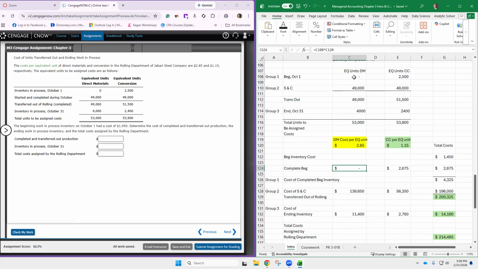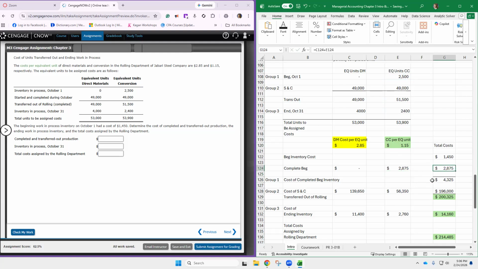There aren't any under direct materials, so we'll just do direct materials. Here is the EQ units in beginning inventory times 285. You're going to get a 0. Okay, but over here we want our EQ units in the beginning times $1.15, and that is $28.75.